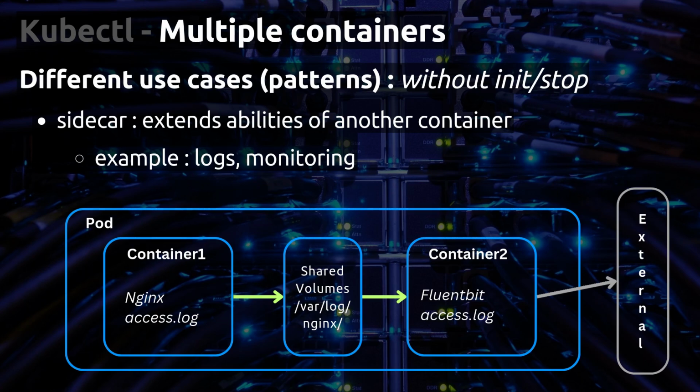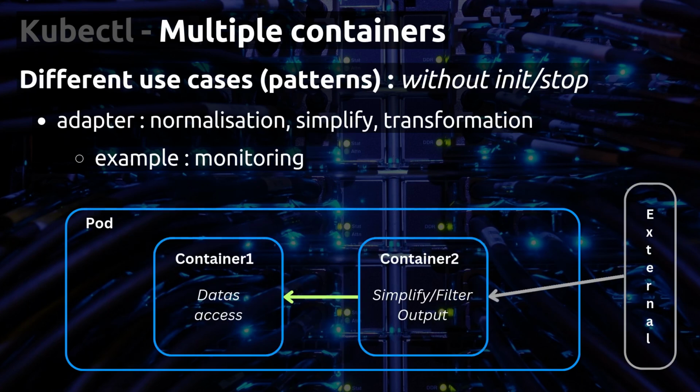In this example, it is Fluent Bit. Then Fluent Bit can send logs to Elasticsearch, and we don't need to change anything in the main container. This is a good example because we just use the Kubernetes capacity to mount a shared volume between two containers to do that.